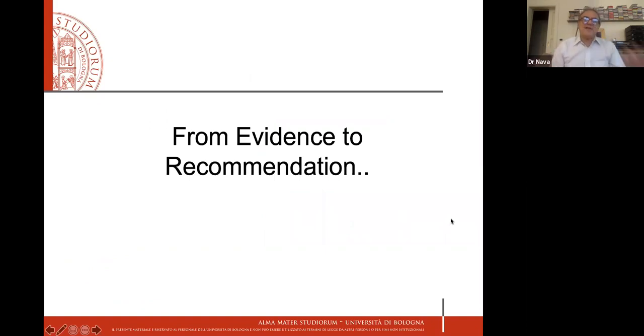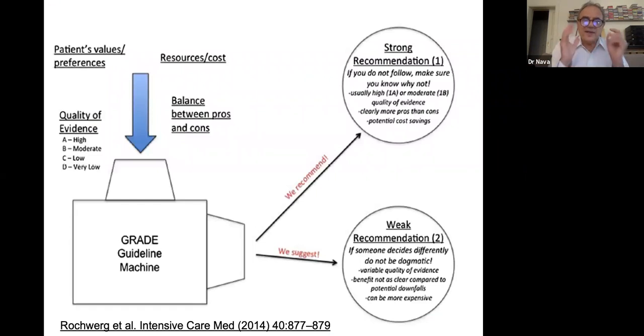Well, from evidence to recommendation, this is what we got from a graphical point of view. How should we translate this into clinical practice, from evidence to recommendation? Well, we decided, according to these criteria, to use two different terminologies.